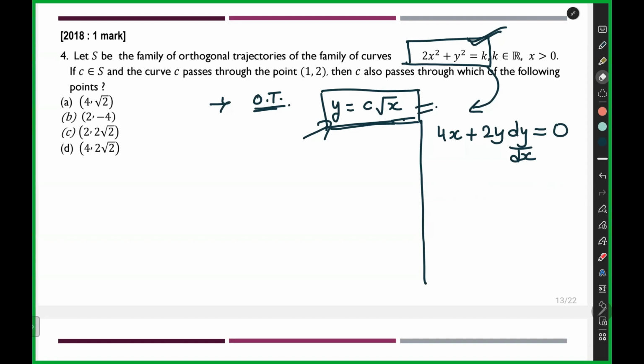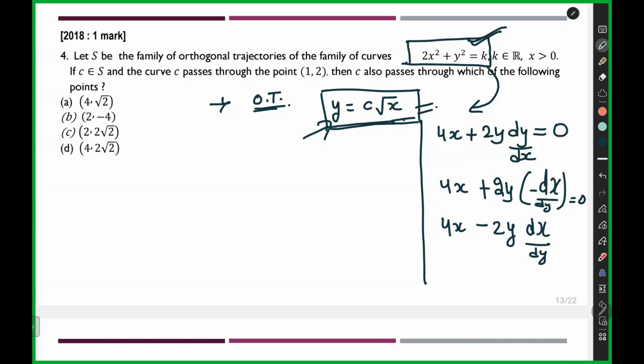Now we have to replace dy by dx by minus dx over dy, so it is 4x minus 2y dx over dy equals 0.